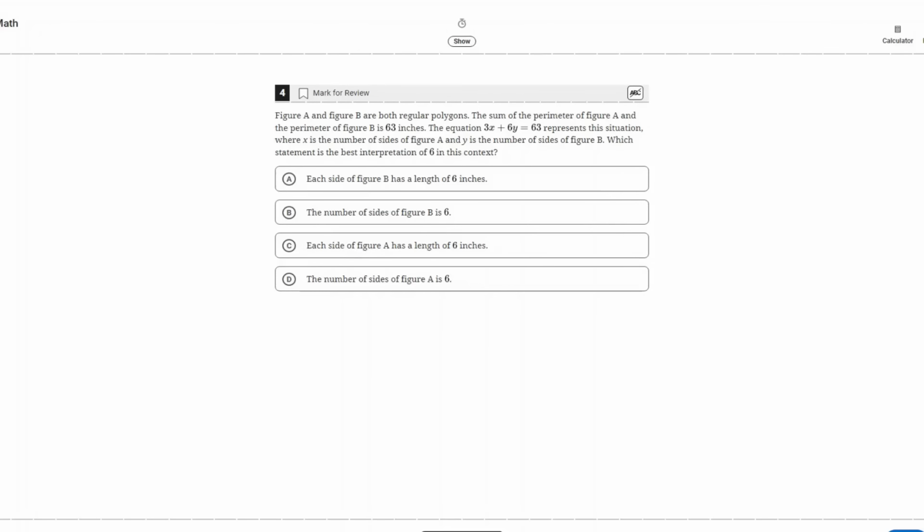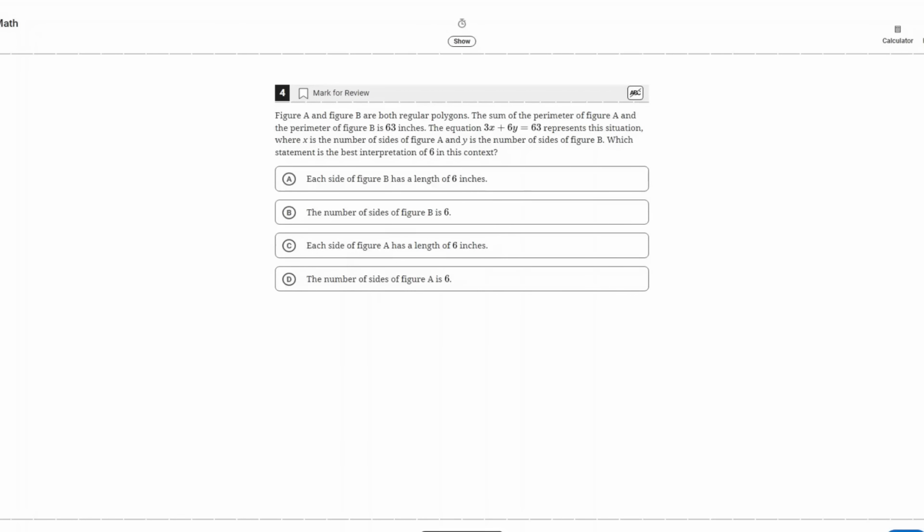Next. Okay, we have two figures, figure A, figure B. They are both regular polygons. What does it mean, regular polygons? It has many sides, but they have equal length. Each side has an equal length. The sum of the perimeter of figure A and the perimeter of figure B is 63 inches. The equation 3x plus 6y equals 63 represents this situation, where x is the number of sides of figure A here, and y is the number of sides of figure B. Which statement is the best interpretation of 6 in this context?